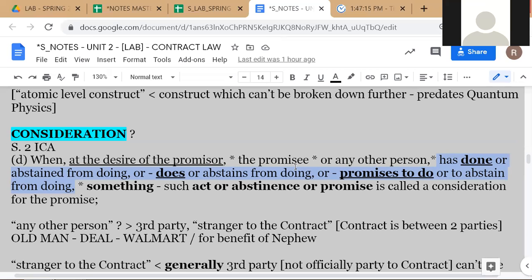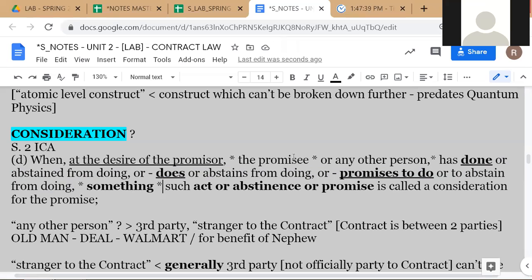And what are they doing? Something, but what kind of something is that? Let's just take the promisee to simplify matters. That's something which the promisee does.